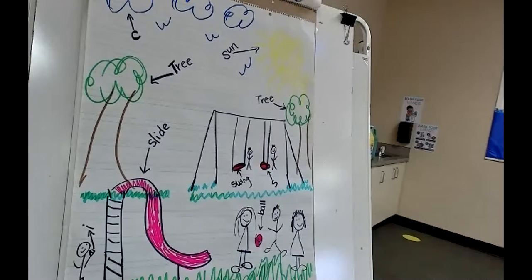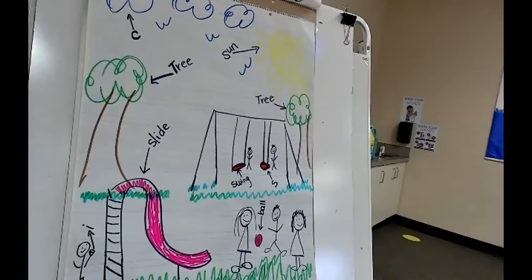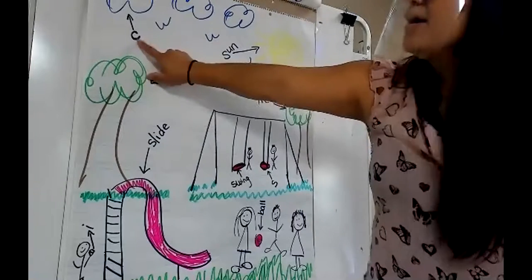Did you say grass? What do you see in my picture that we can label? Tree. We got tree. See right here? Tree. What else do you see that we haven't labeled? Something we haven't labeled. Cloud. Cloud. Oh, we got the K for cloud.